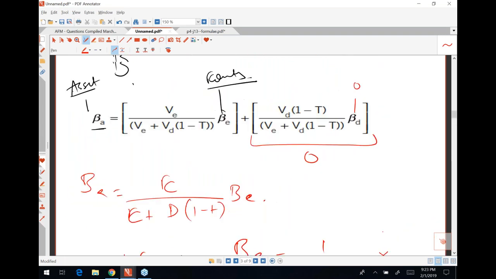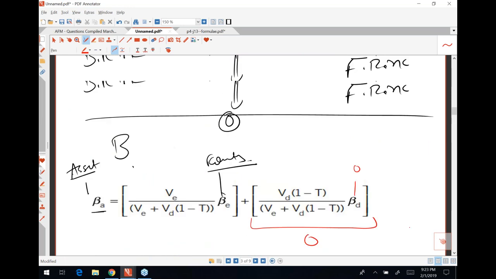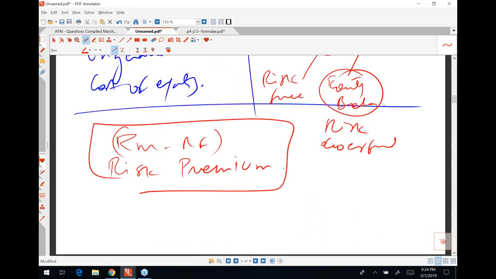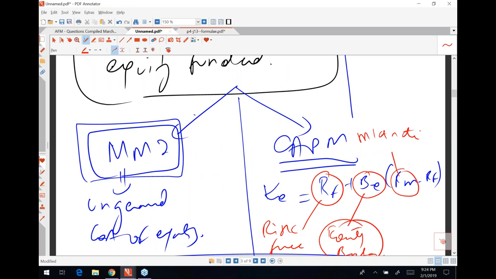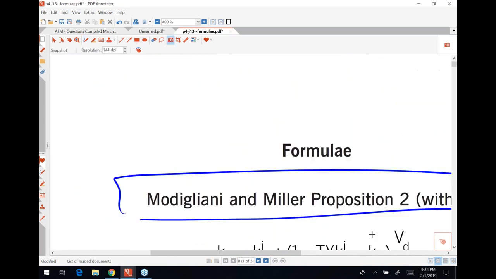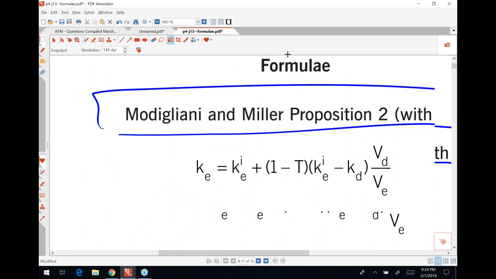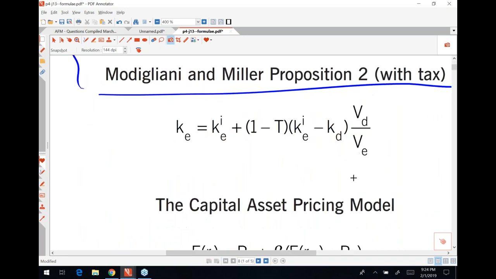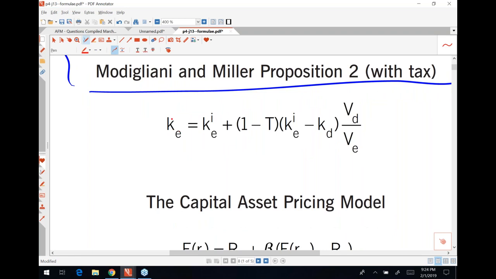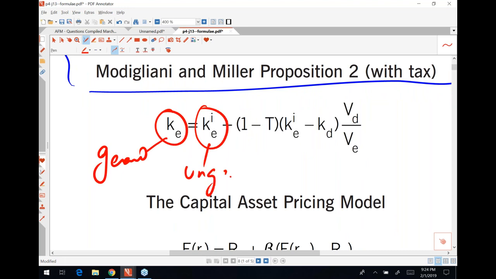The second approach is to use the formula of MM2. Now what exactly is the formula of MM2? The formula of MM2 is like this, where you have the geared cost of equity and this is the ungeared cost of equity.